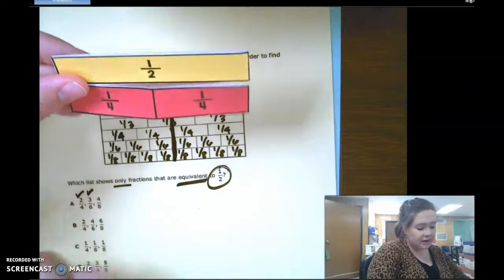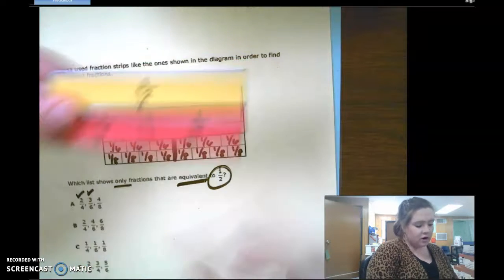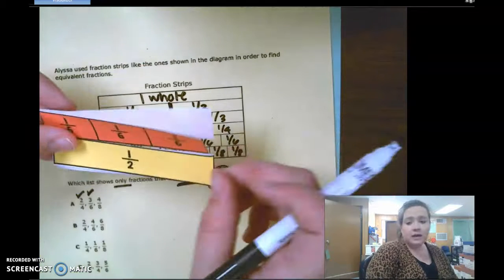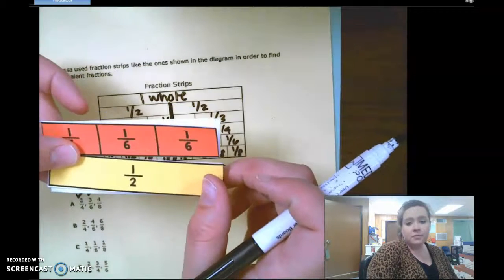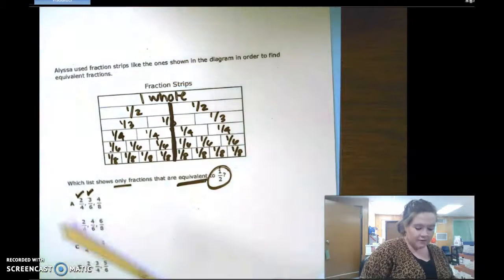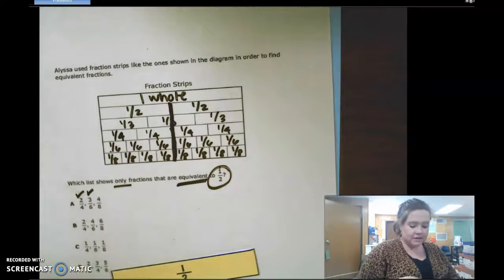All right. 1/2 and 2/4. Are those equivalent? Yes, they are. 1/2 and 3/6. Are those equivalent? Yes, they are. 1/2 and 4/8.